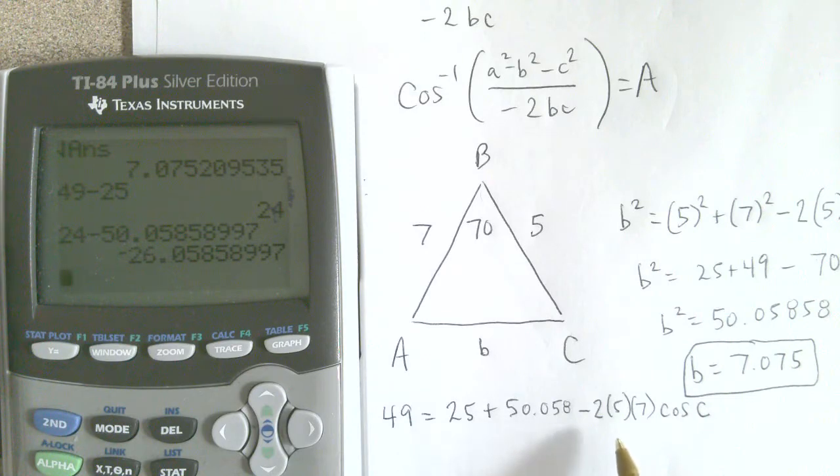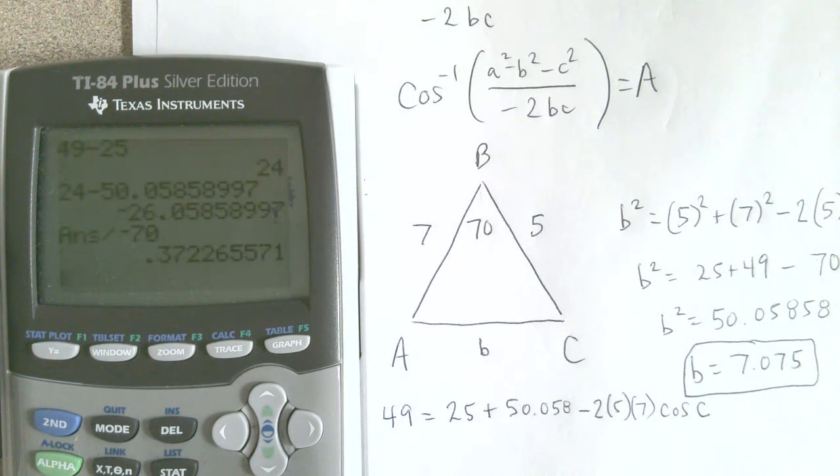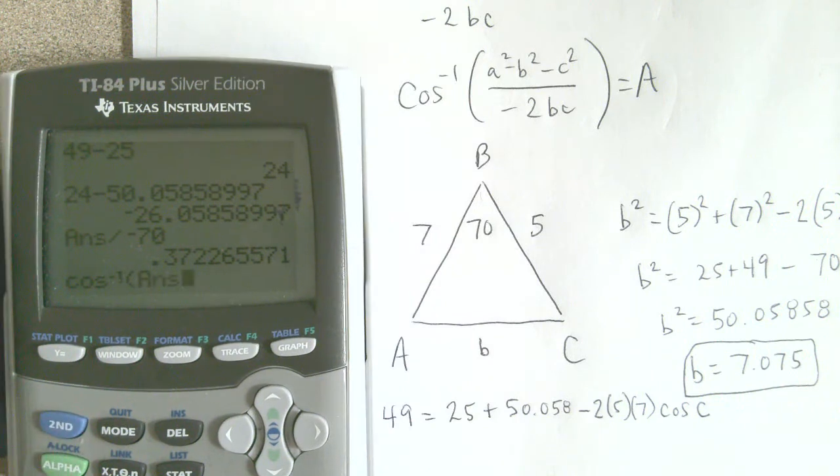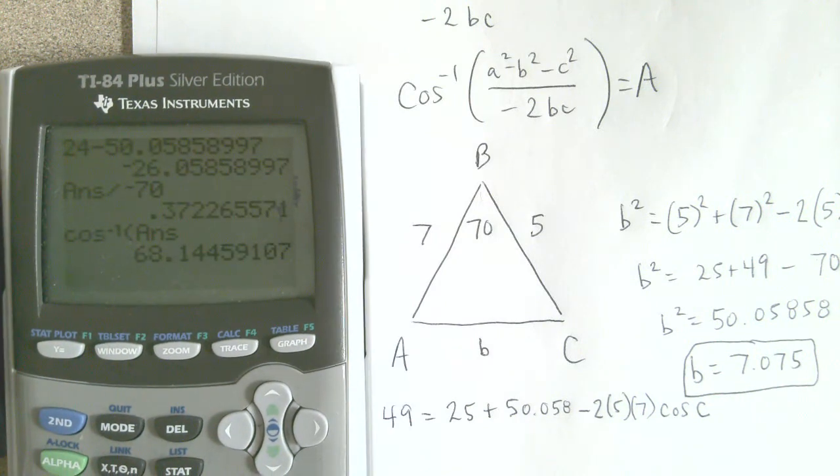Now I divide that by negative 70, and then do the inverse cosine. The answer gets me 68.14.